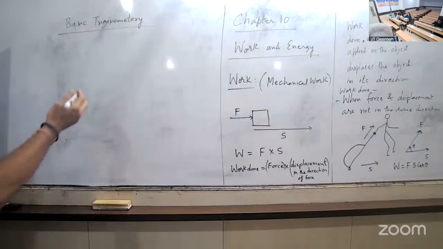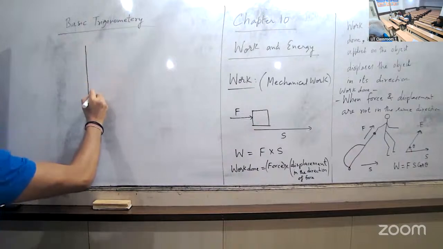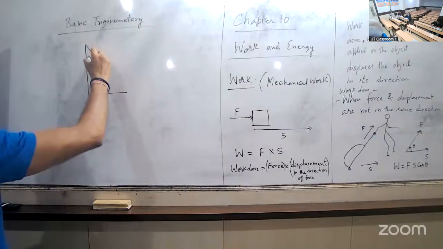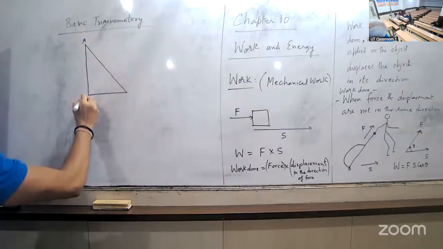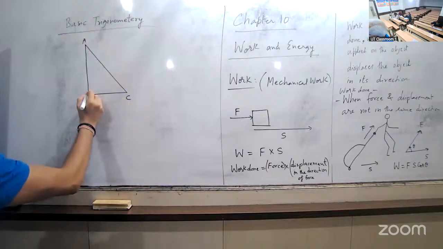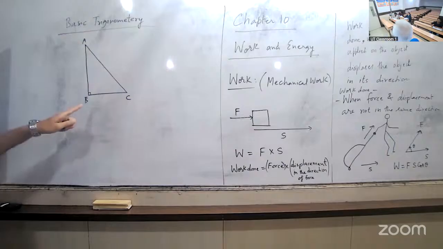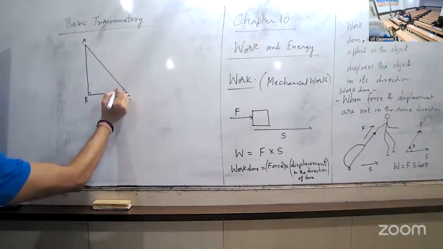So, three sides of a triangle. For a special case, consider a right angle triangle. You have A, B, and C, the three vertices of the triangle. This is the right angle, and let us say we have one angle theta.